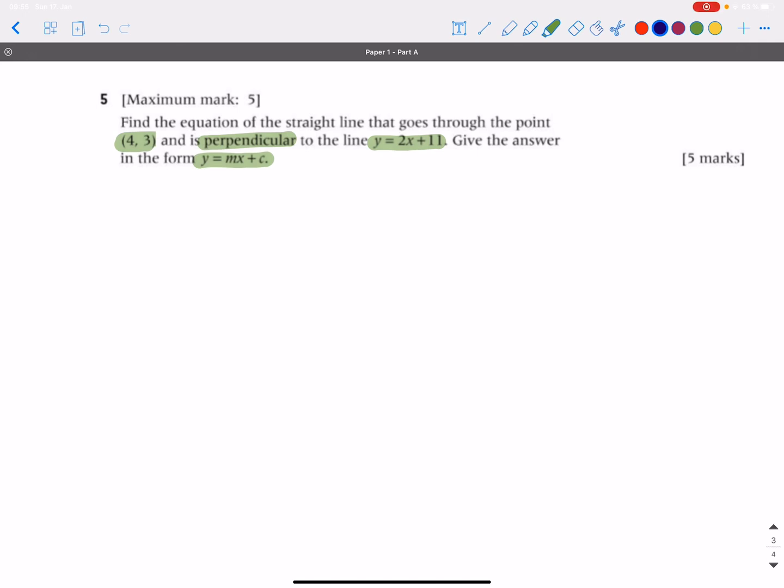So perpendicular means it's at right angles. And the rule that we have learnt about perpendicular lines is that if two gradients are perpendicular to each other, then when I multiply them together, it gives me -1. And the other way I've talked about that is we take the negative reciprocal.